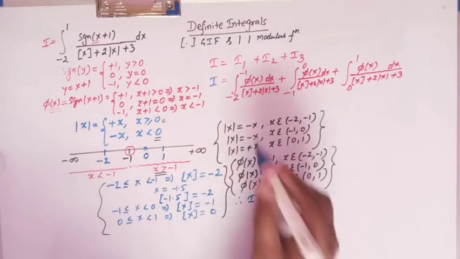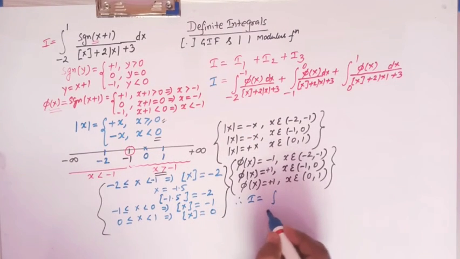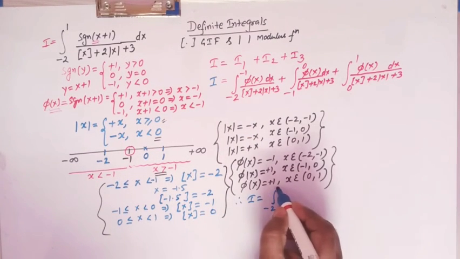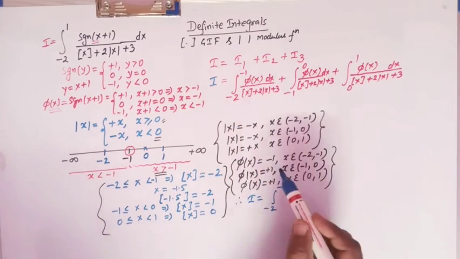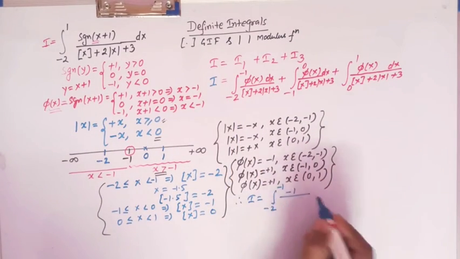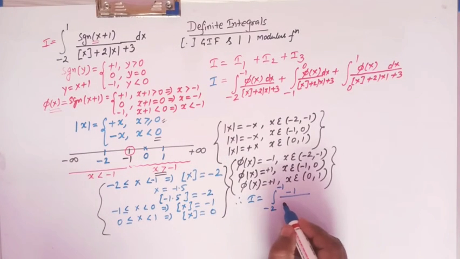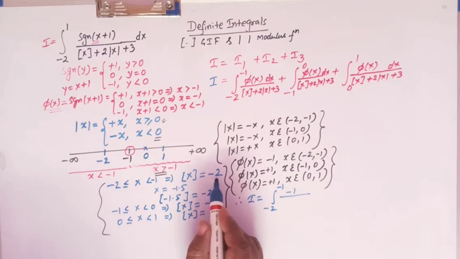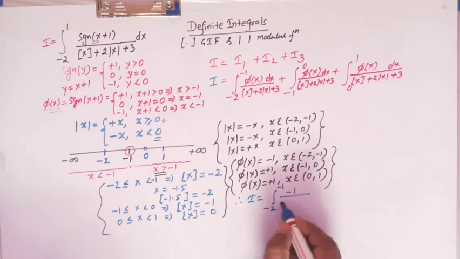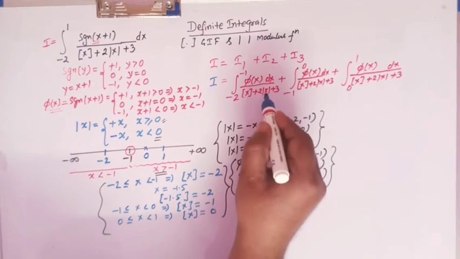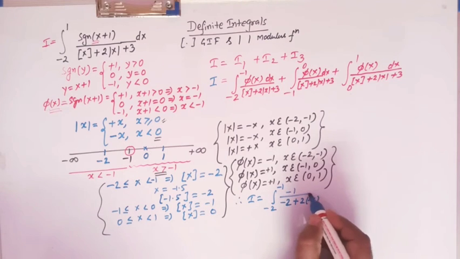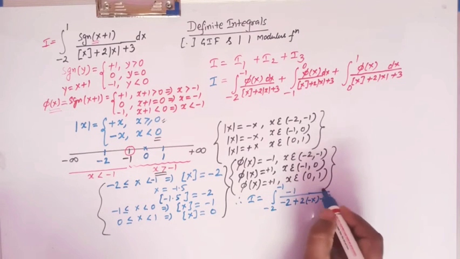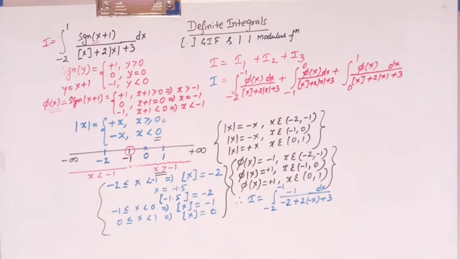Now therefore the first integral I1 is from -2 to -1, and here for phi of x we have -1, for the greatest integer we have -2, and for the absolute value function we have -x plus 3, right? And here we have dx.